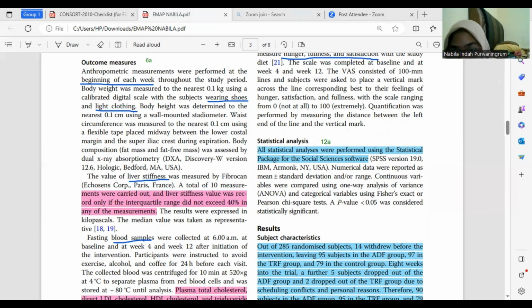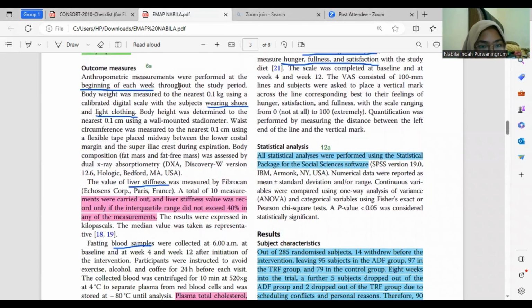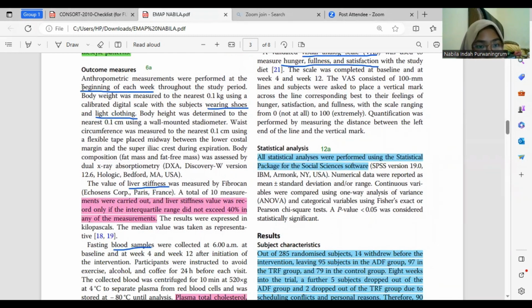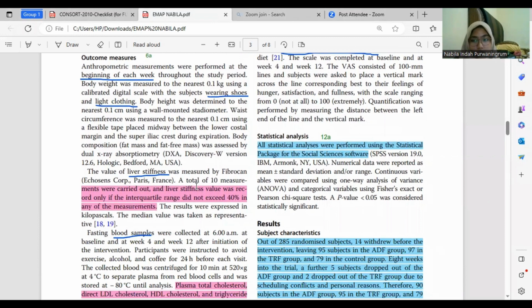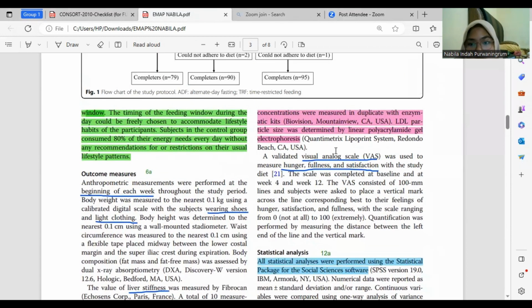The primary outcome measure is the pre-specified outcome considered to be of greatest importance to relevant stakeholders. You can see here a couple of measures performed at the beginning of each week. They will be wearing shoes and light clothing, and then for the measurement, they will measure the liver stiffness, blood samples, and also measure the hunger, fullness, and satisfaction of the patient.